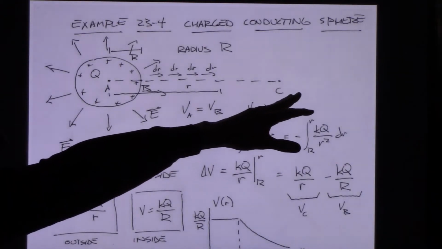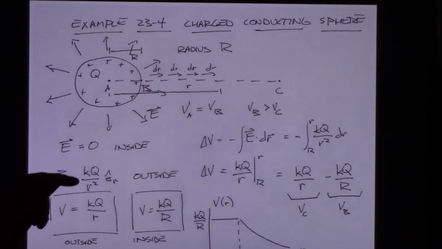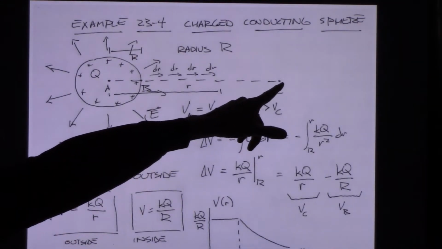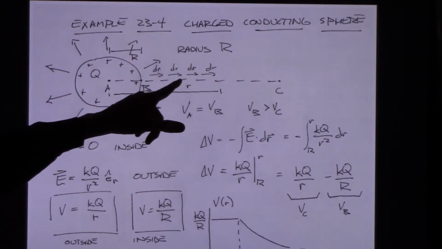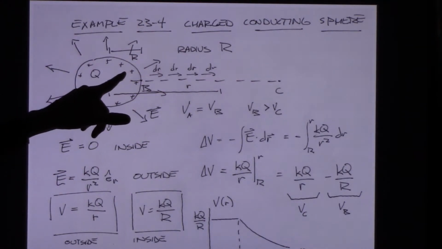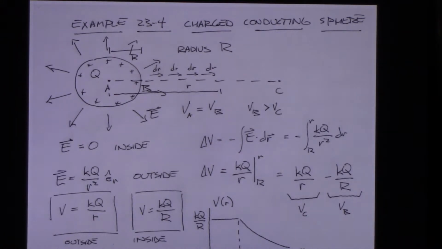So I start with a positive charge out at point C, and I push on it, and I push on it some more. And what happens is, I'm going to build up more and more potential energy, more and more potential. So anytime I am traveling opposite the electric field, I am headed into regions at higher and higher electric potential.